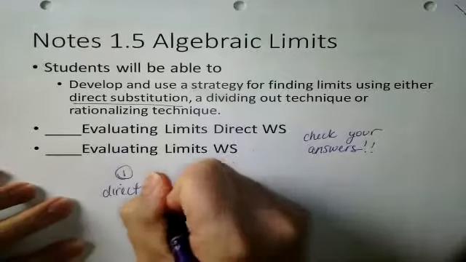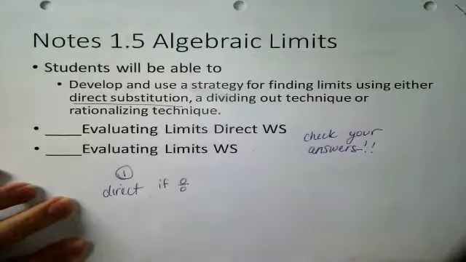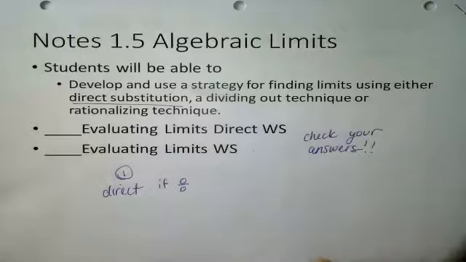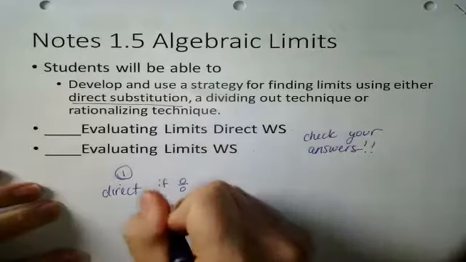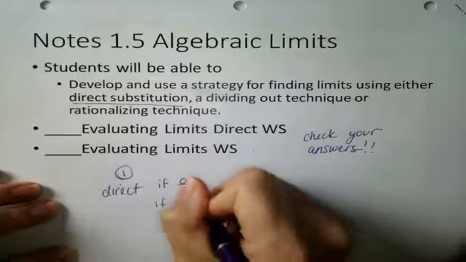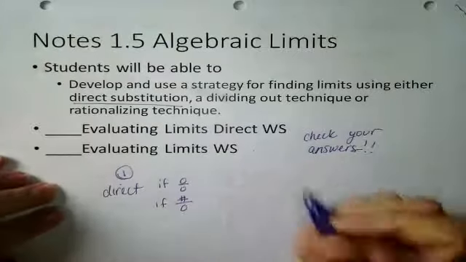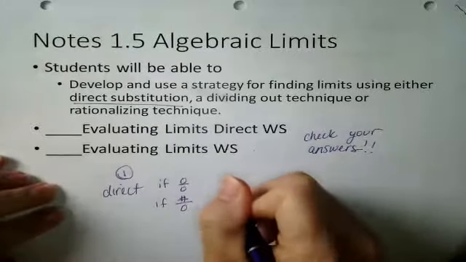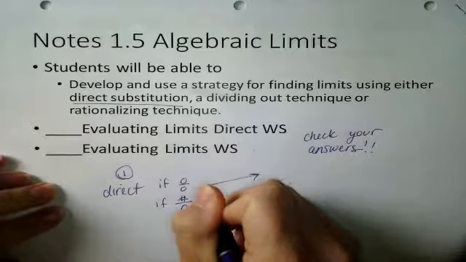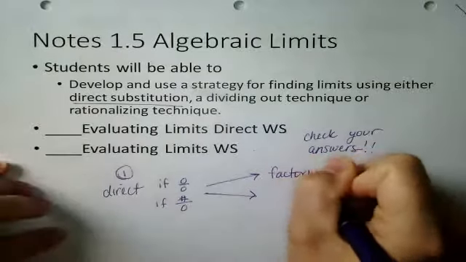If you get 0 over 0, this is an indeterminate form. Or if you get something over 0, so again, something that's undefined, something that doesn't work, then you have to figure out another strategy, which could be factoring.